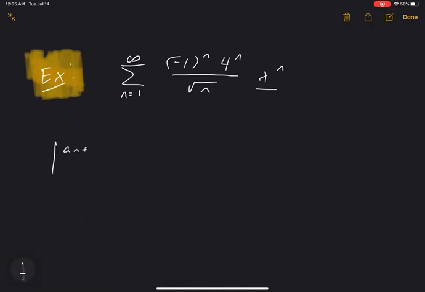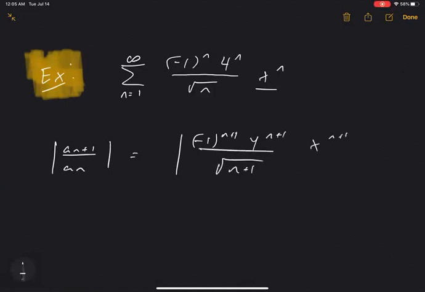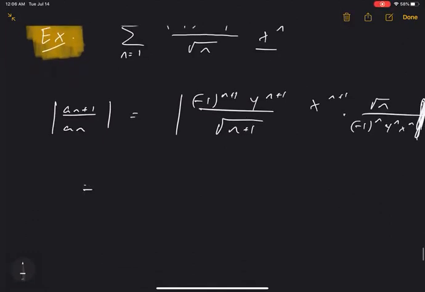So again, I want to find a_(n+1) over a_n. Simplify.